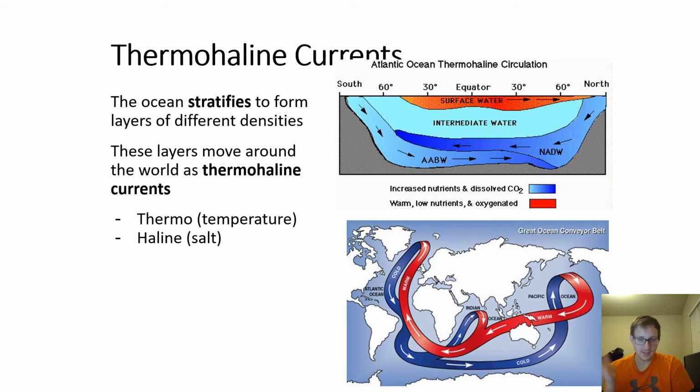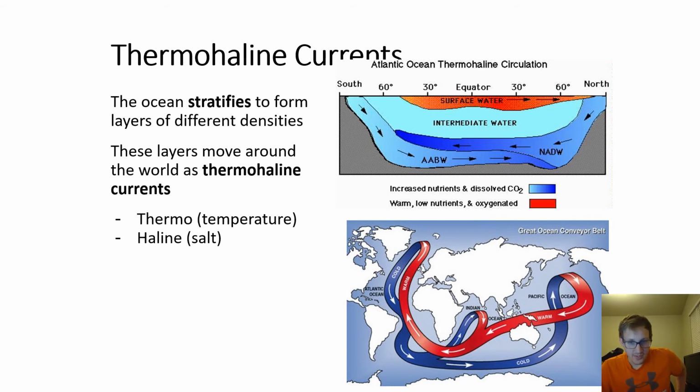So this difference in density is what causes these currents to come up. Some of it is warm, and then it loses its heat, so it goes down and it's dense, and then it warms up again, and then it gets cold again, and it circulates all this water around the entire world.